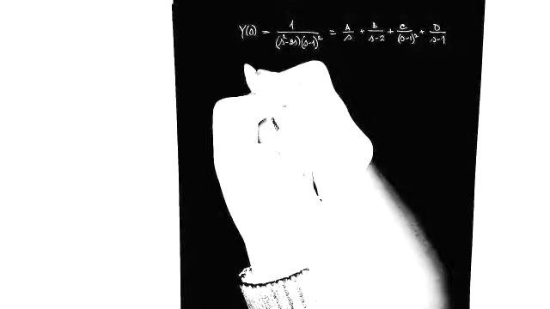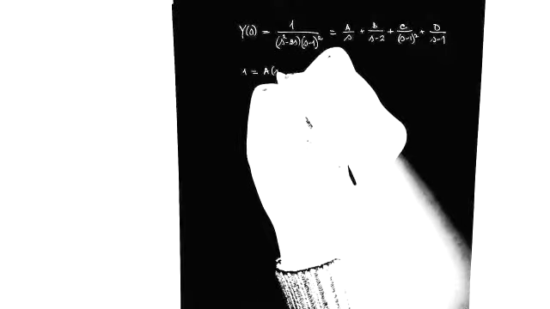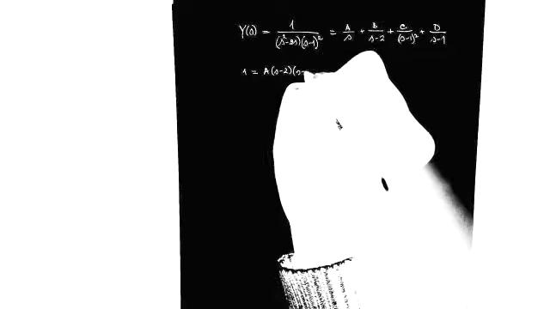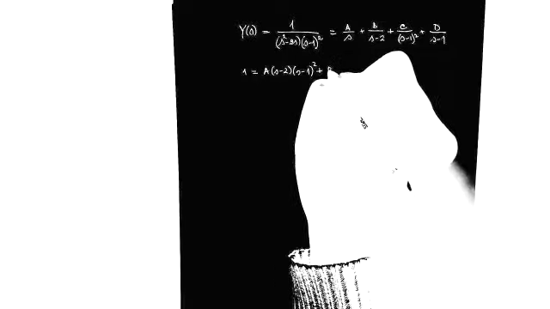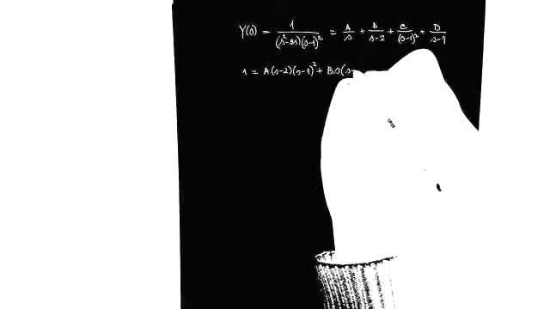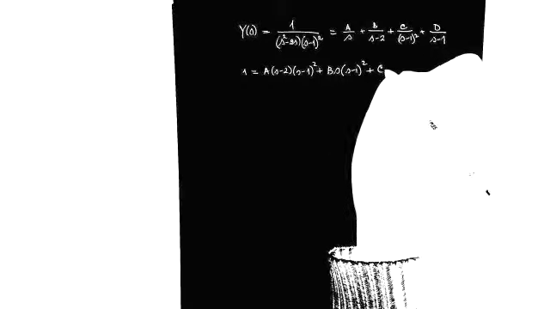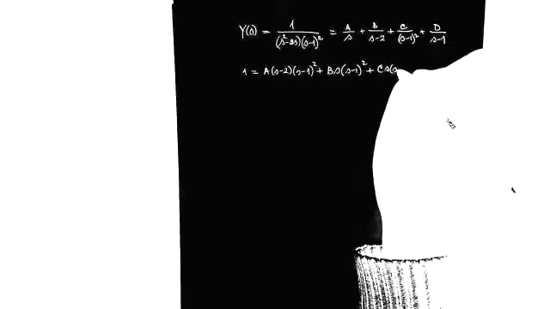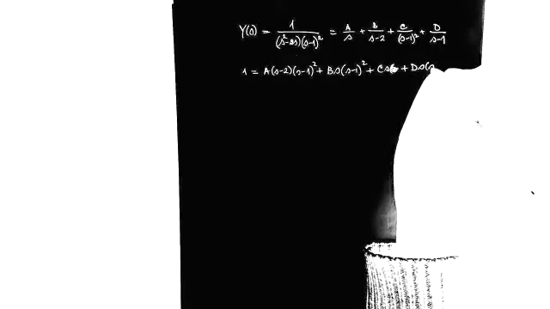And so that is going to tell us that 1 is equal to A s minus 2 times s minus 1 squared plus B s minus 1 squared plus Cs plus D s times s minus 1. And now, as we did last time, we plug in the numbers.